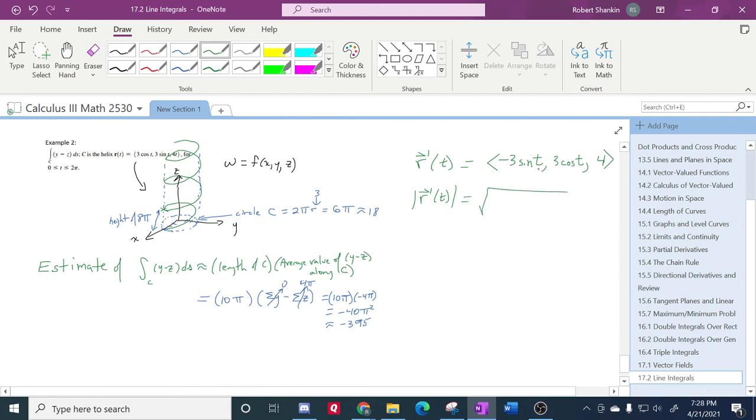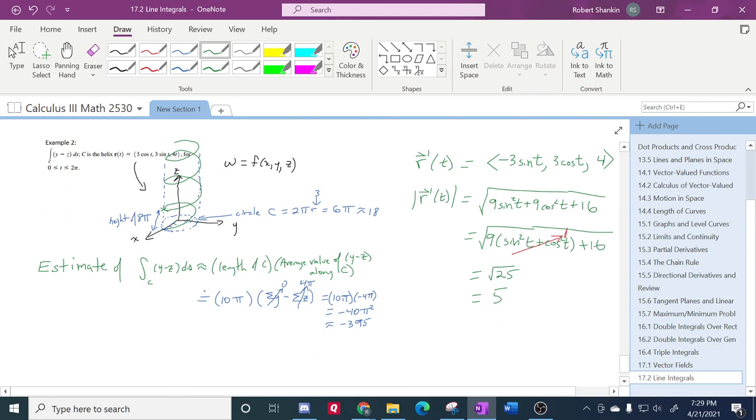The magnitude is the square root of the sum of the squares. And then this turns out to be 1. So then we get 9 plus 16 is 25, which is 5.